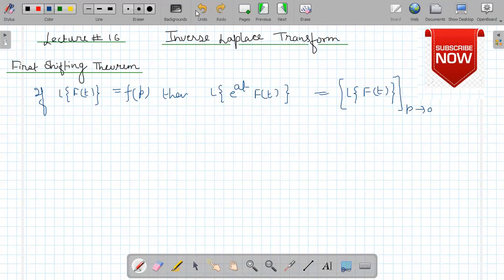We can also write this as f(p minus a). Okay.